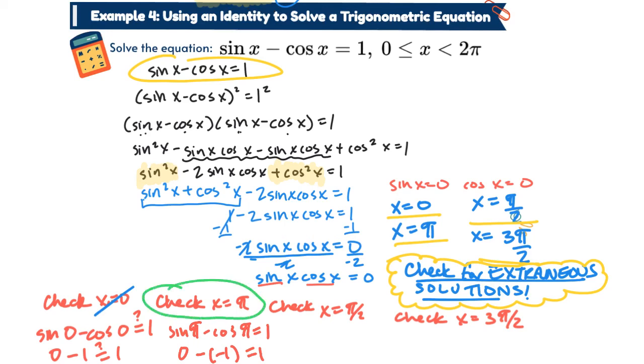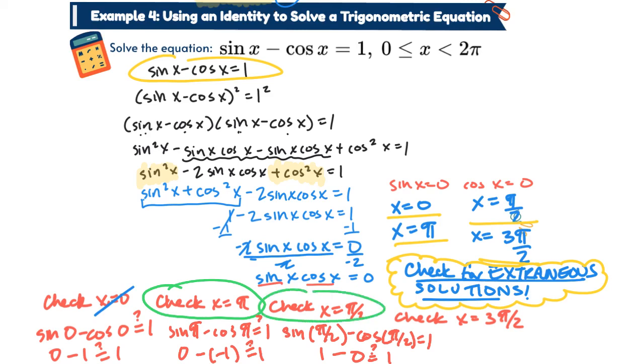All right, so let's check sine pi over 2 minus cosine pi over 2 equals 1. Sine pi over 2 is 1. Cosine pi over 2 is 0. So let's see if that equals 1. 1 minus 0 is 1. And 1 equals 1. So that checks out also.